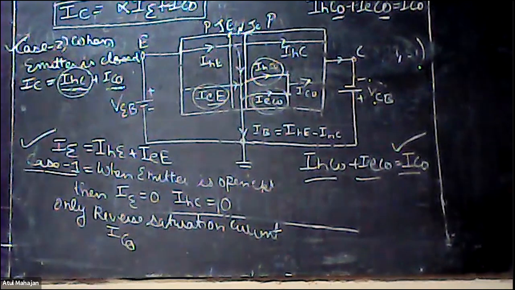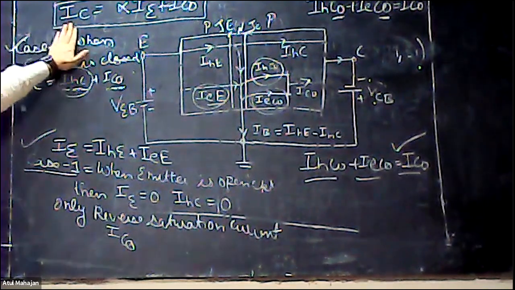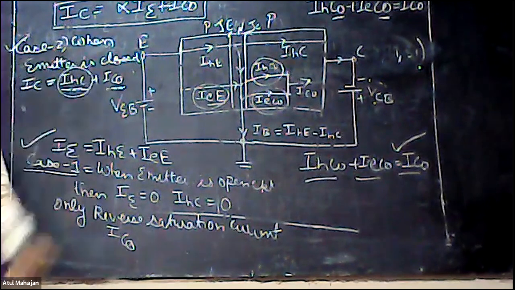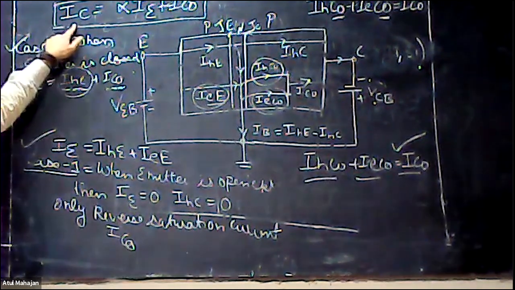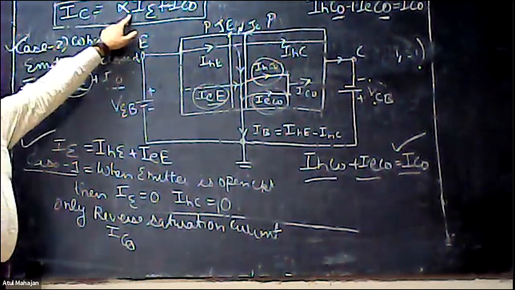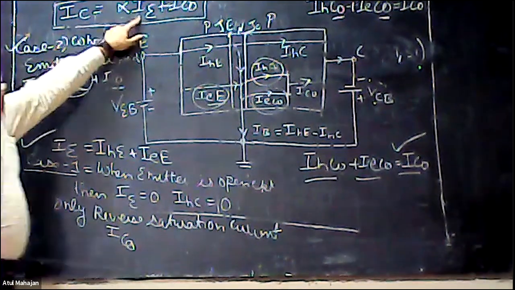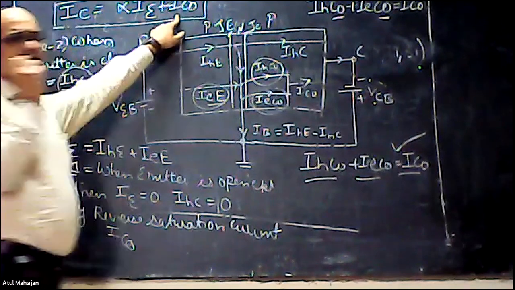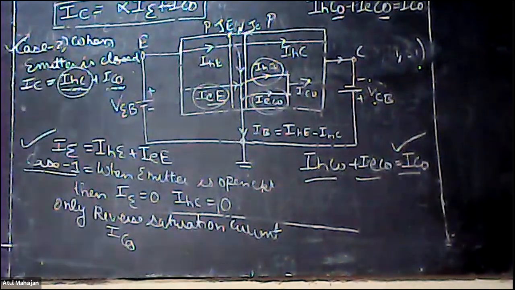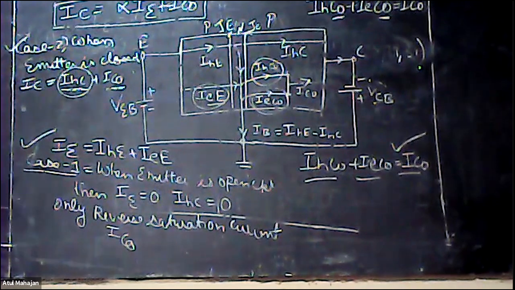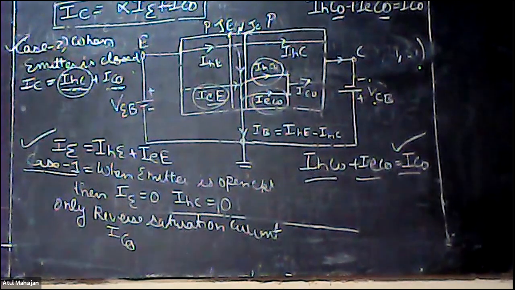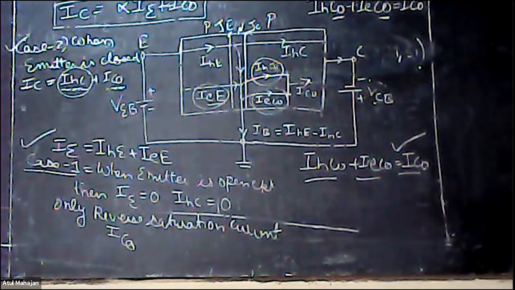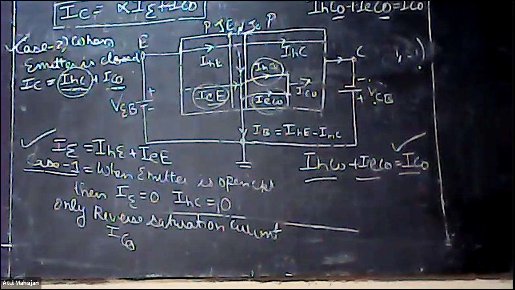IC is the collector current, alpha is the current amplification factor, IE is the emitter current, and ICO is the reverse saturation current produced inside it. Transistors actually operate in the active region, so this constitutes the total current of the circuit.